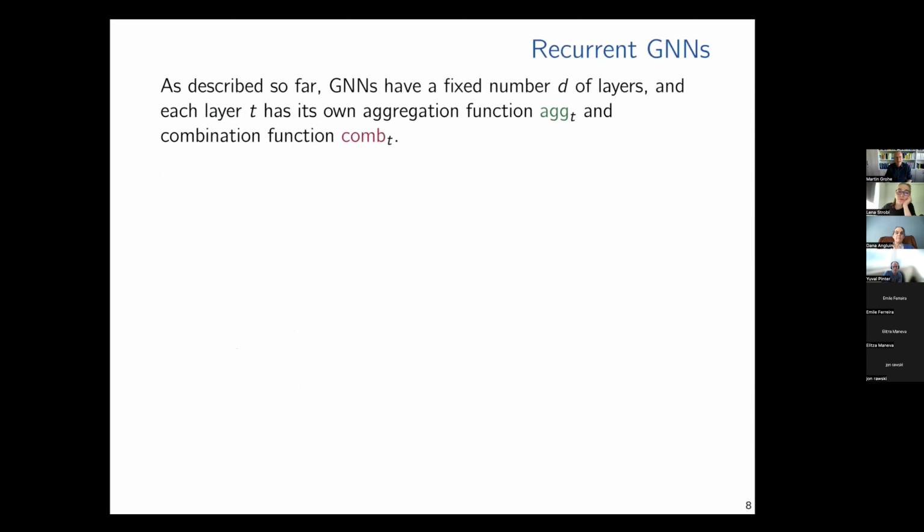Another interesting variant of the model is to apply graph neural networks in a recurrent computation. What we've said so far is that we have D layers: in round one we apply the functions of the first layer, then the second, the third, and so on. But we could also have just one layer and apply it over and over again.